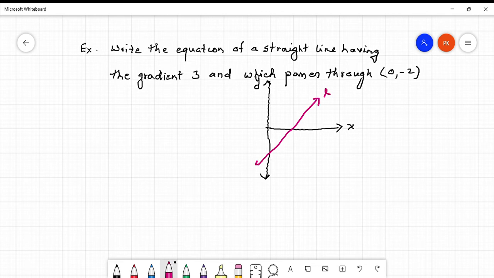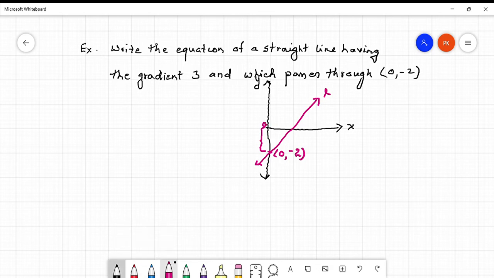It is making a negative intercept. Keep it in mind that here the line is passing through (0, -2). Now the x coordinate is 0, that means surely this point is on the y-axis. So indirectly the y-intercept is given to you. This is the y-intercept.